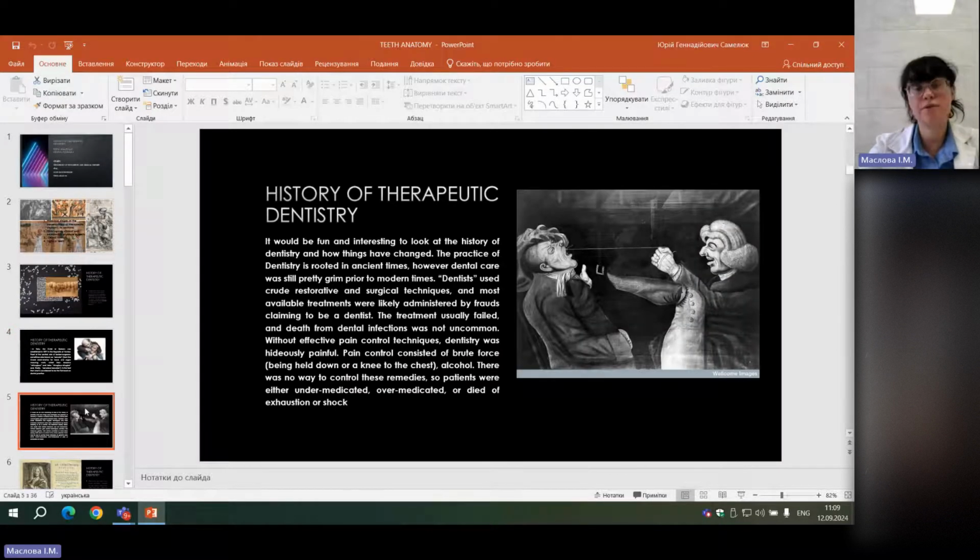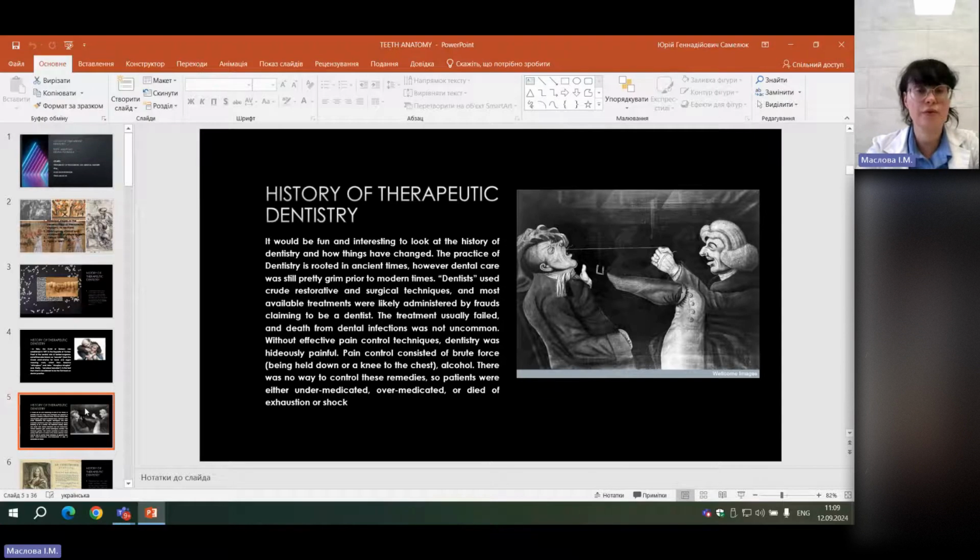It would be fun and interesting to look at the history of dentistry and how things have changed from ancient times to contemporary moments. The practice of dentistry is rooted in ancient times. However, dental care was still pretty grim prior to modern times. Dentists used crude restorative and surgical techniques, and most available treatments were likely administered by frauds claiming to be dentists.